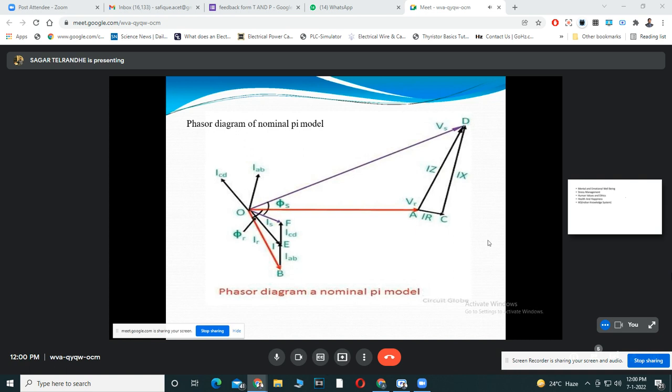The red phasors, that is VR and IR, form the receiving end voltage and receiving end current, due to which it forms a phase angle of phi r, which is the phase angle between the receiving end current and receiving end voltage, thus giving us a power factor of cos phi r at the receiving end voltage.